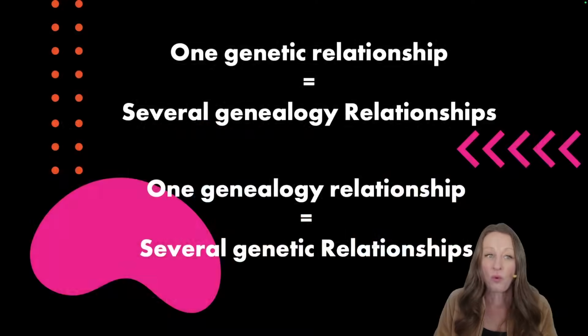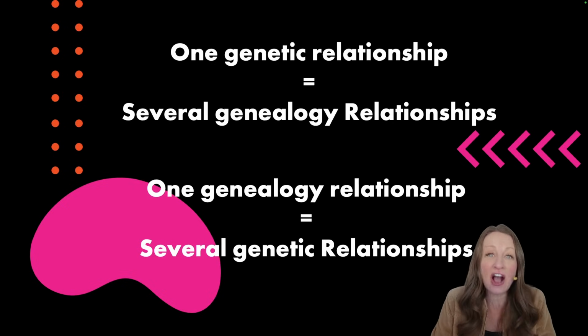In fact, one genetic relationship, so say 70 centimorgans, can equal lots of different genealogy relationships. So at 70 centimorgans, you might be third cousins. You could be second cousins once removed. There are all kinds of relationships that could share that amount of shared DNA.